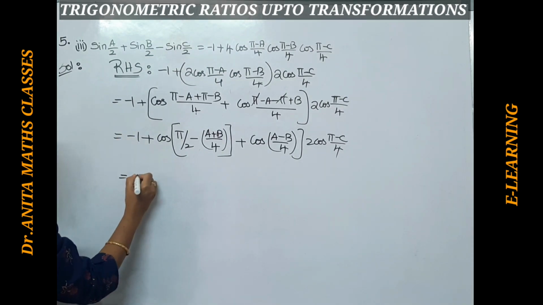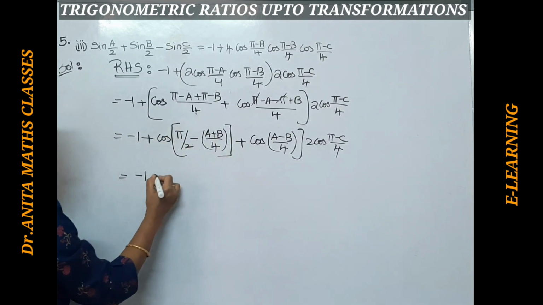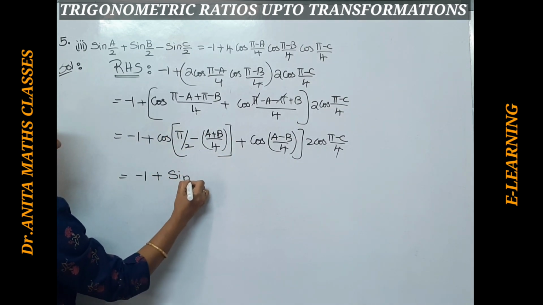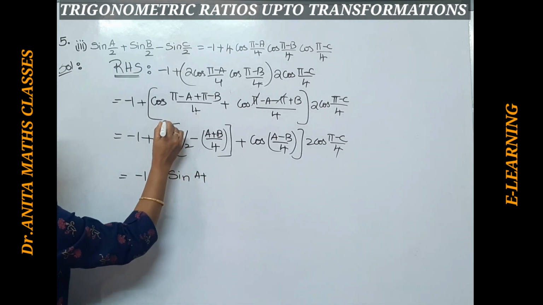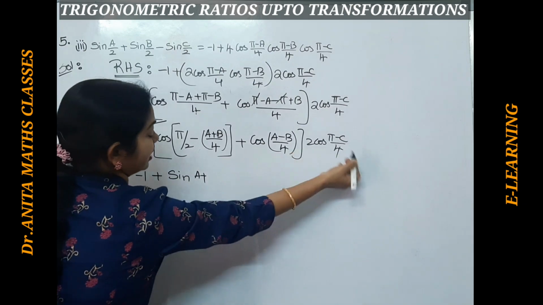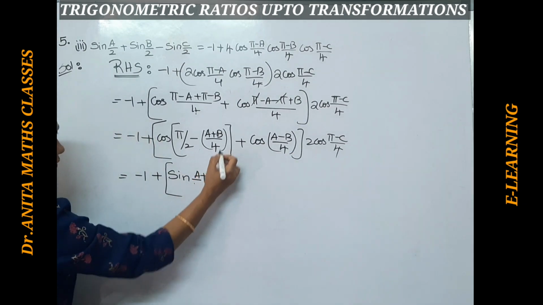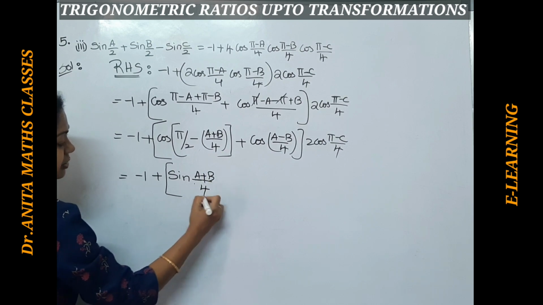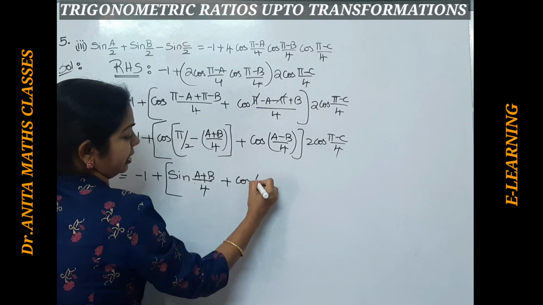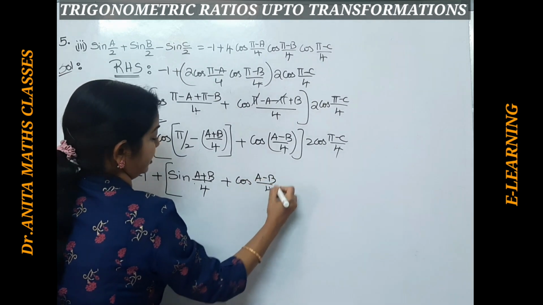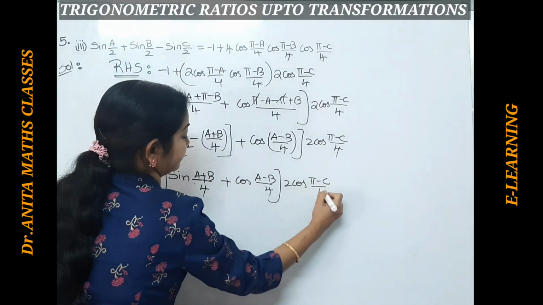Okay, now this becomes minus 1 plus cos of 90 minus, that becomes sine. So sine of a plus b by 4 plus cos of a minus b by 4, and we have multiplied by 2 cos of pi minus c by 4.